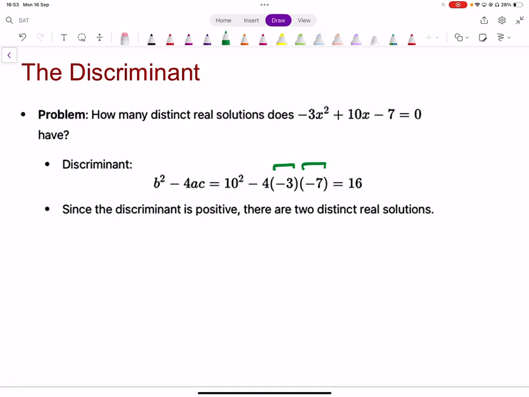This evaluates to 16. Since 16 is a positive number, we say it has two distinct solutions. Okay? Distinct means different, two different solutions. All right? So b square minus 4ac tells us how many solutions we are going to have for a quadratic function. No problems?